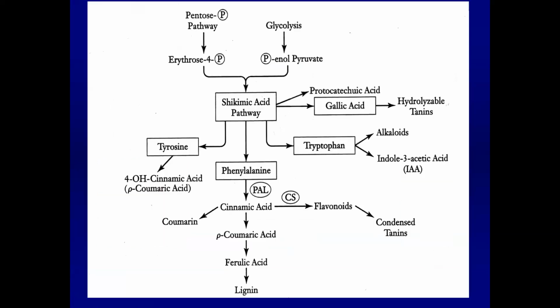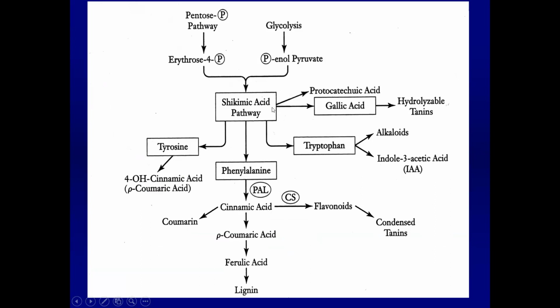And how are they biosynthesized? Mostly, flavonoids are biosynthesized through the shikimic acid pathway. You see the pentose phosphate pathway, a very famous pathway in the cell. Glycolysis is another. So here, phosphoenolpyruvate and erythrose 4-phosphate can change into shikimic acid.